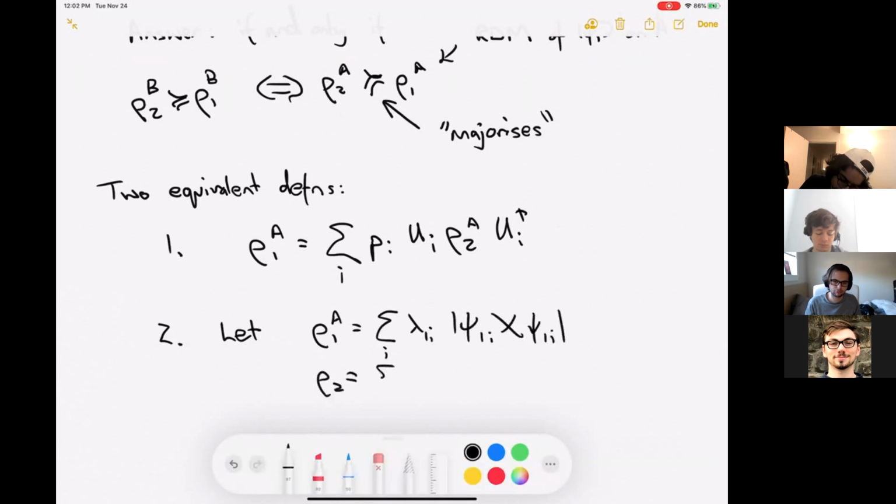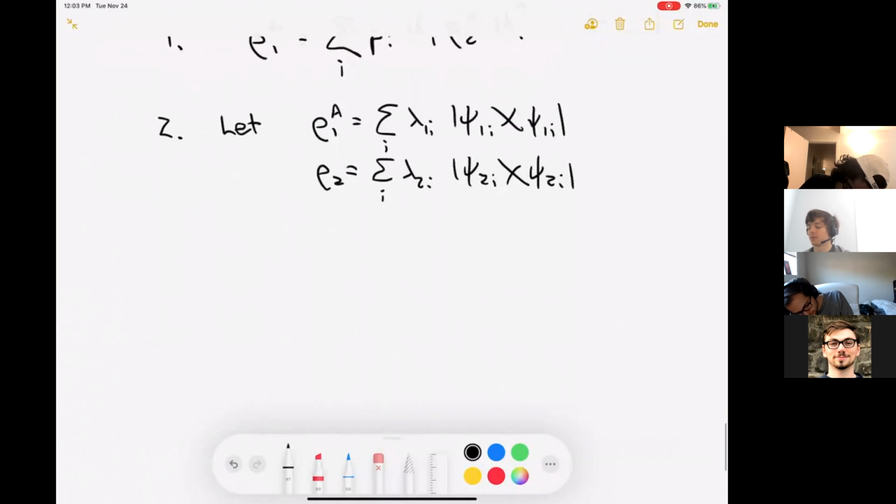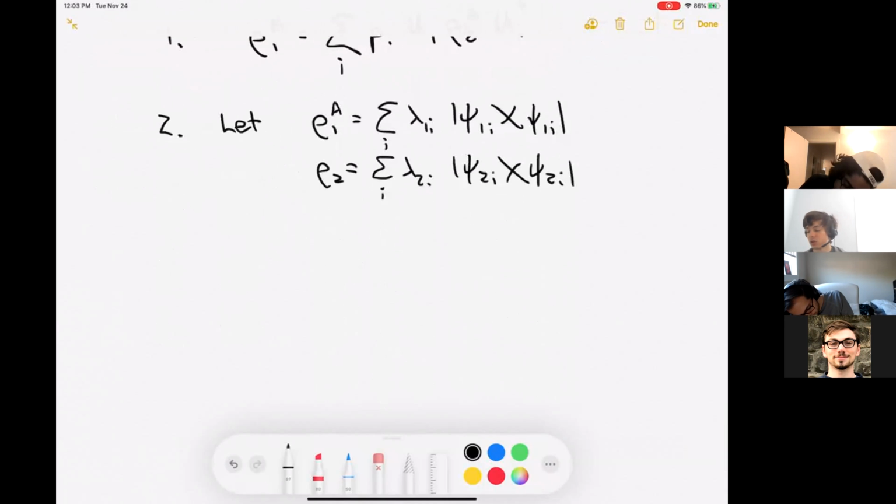Same for row 2. Then we need the following conditions to be true on the lambda.